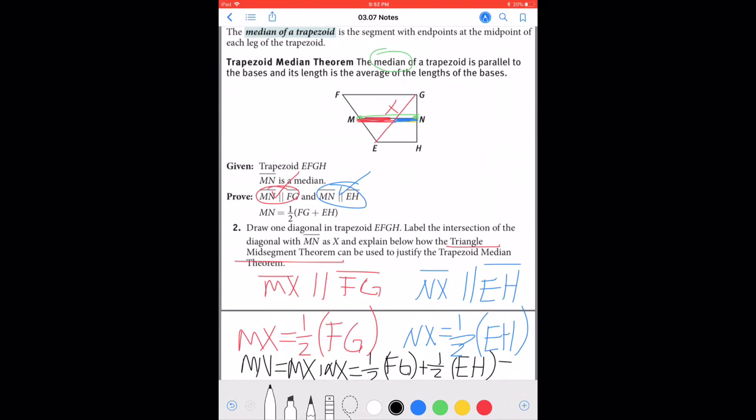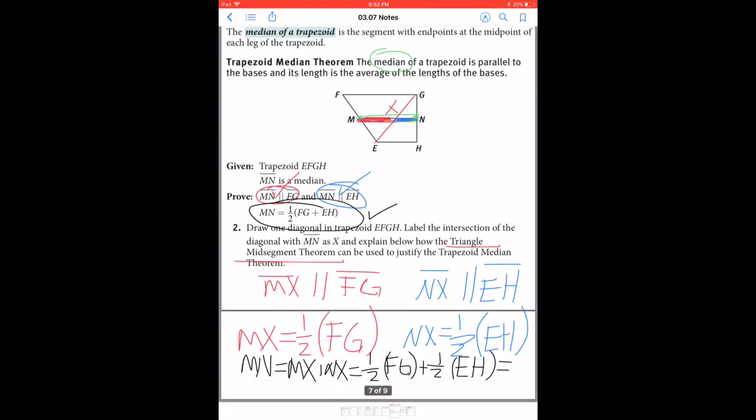And if we simplify those, since 1/2 is the coefficient on both, we would get the equation that the trapezoid median theorem states. So again, this is the case where I ran out of space on my paper, but if we combine those two terms, the 1/2 FG plus 1/2 EH, we would get 1/2 of the quantity FG plus EH.